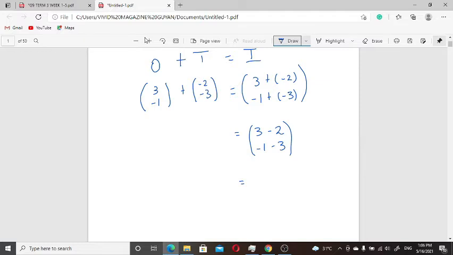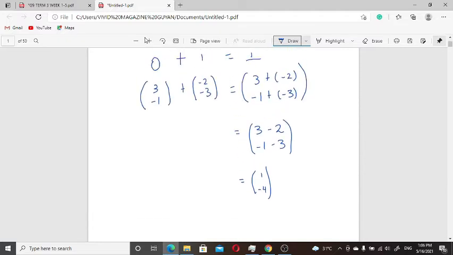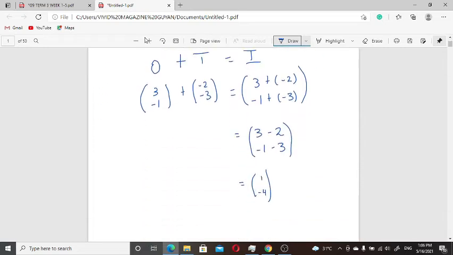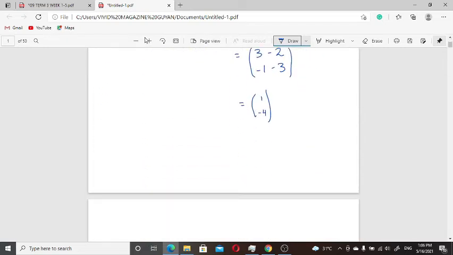So 3 take 2 is going to be 1, and -1 minus 3 is going to give me -4. Now take note, this is a column vector, and what you're solving for is a coordinate. So your final answer should be P prime is equal to what's on top is your x, comma, what's on the bottom is your y. And that's it.